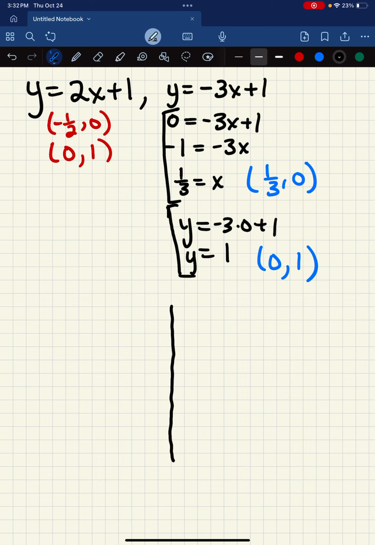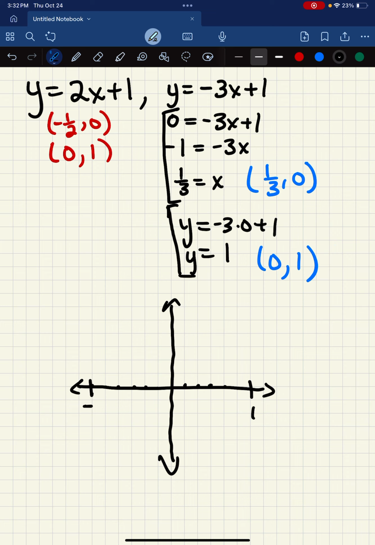So now if we draw that, I'm going to let each one of these little tick marks be 1/6. So 1/6, 2/6, 3/6, 4/6, 5/6, 6/6. There's 1.